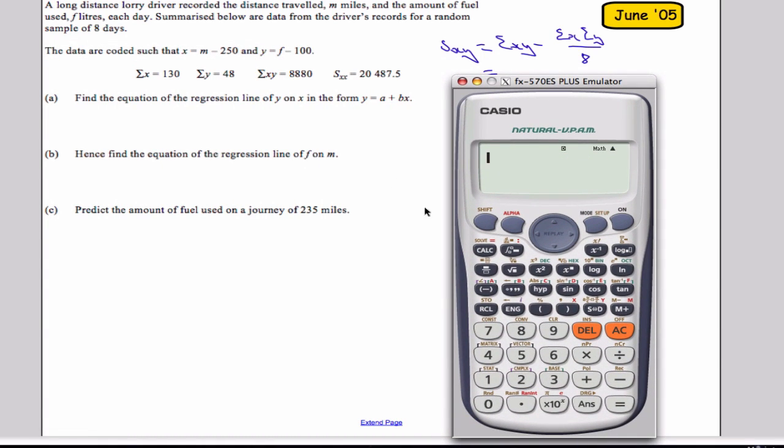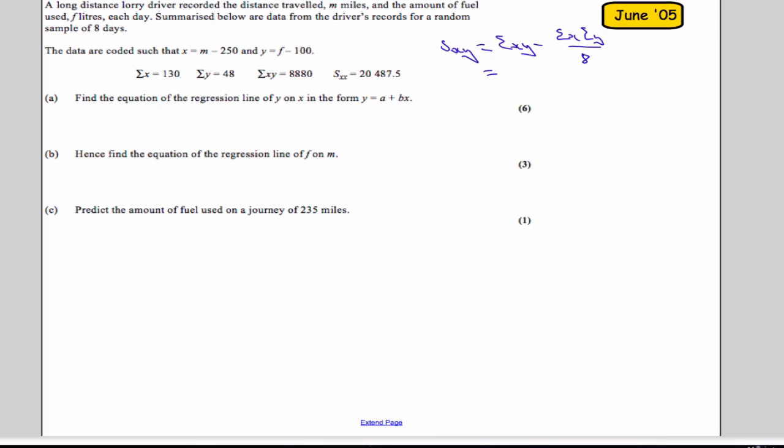Right, here we go. Sum of xy is 8880 minus sum of x, 130, times the sum of y, 48, over n, which is 8. So you get 8100.